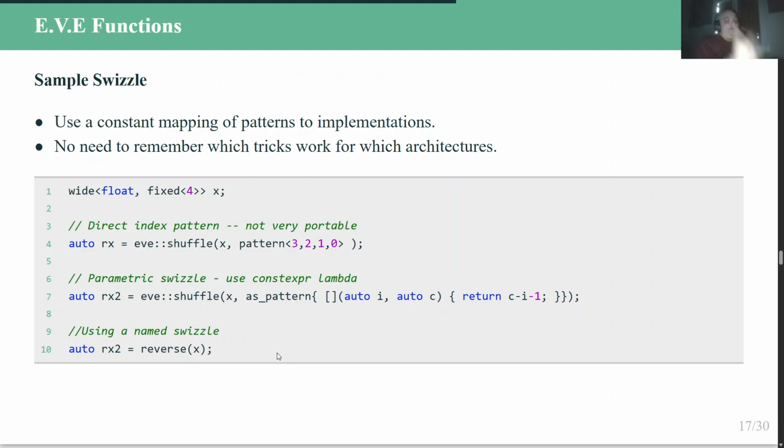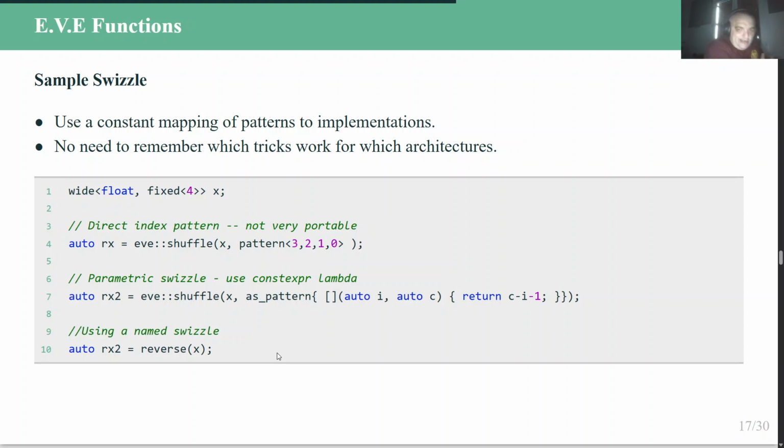Either by using a pattern, but it's not very portable, or by using a pattern function. So you compute some reorganization of your things. And sometimes you have what we call a named shuffle or named swizzle that lets you actually apply some common operation on that. So you can reverse the values and so on.